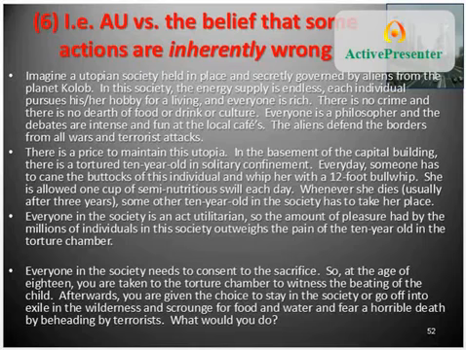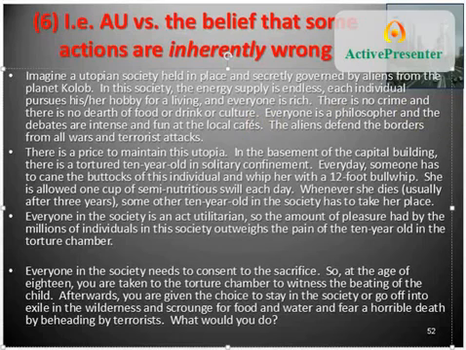In this society, the energy supply is endless. Each individual pursues his or her hobby for a living, and everyone is rich. Nobody's sick. There's no crime, and there's no dearth of food or drink or culture. Everyone is a philosopher, and the debates are intense and fun at the local cafes. The aliens defend the borders from all world wars and terrorist attacks.